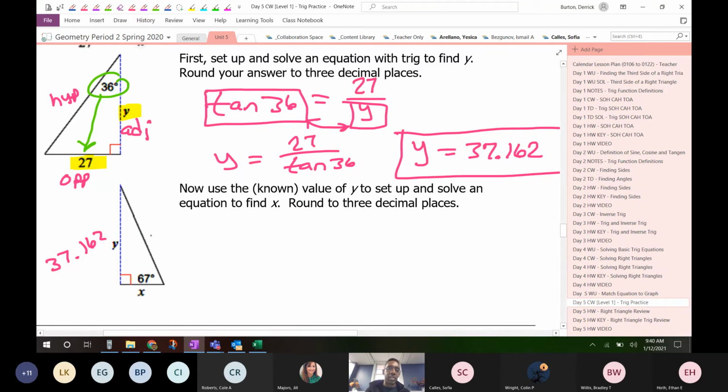All right, so this is the hypotenuse. We need to circle the angle, draw the arrow. All right, that tells us that this is the opposite side and this is the adjacent side.